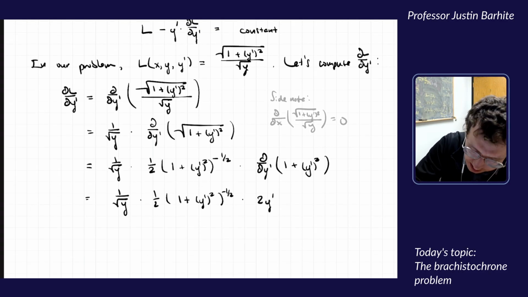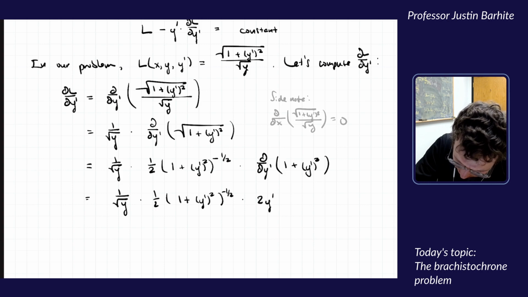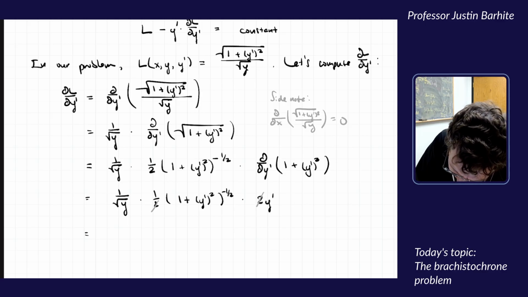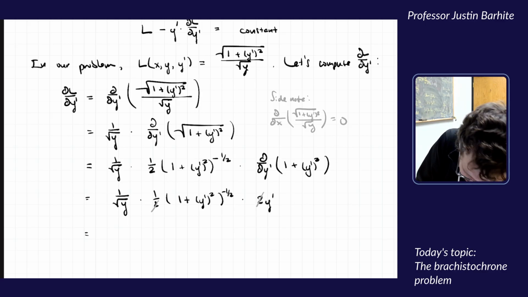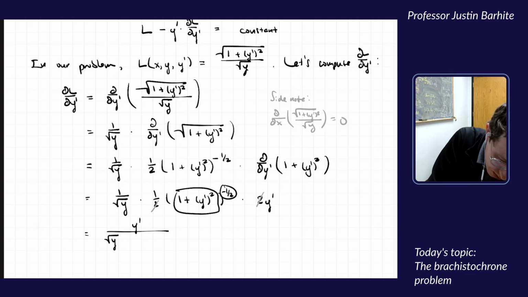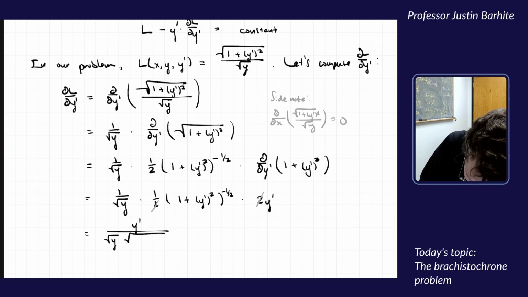Okay, so I can actually even simplify this a little bit, because these 2's cancel out. Anything else that I can simplify? Maybe I'll just write this. I have the 1 over root y, and then I have this thing to the negative 1/2, which means it's in a square root inside the denominator.